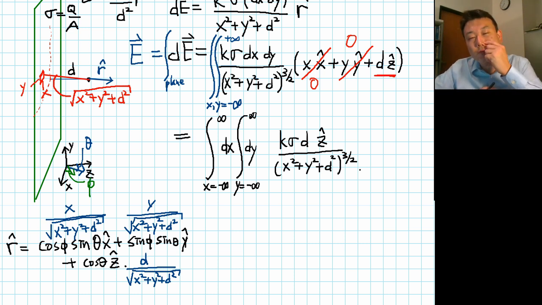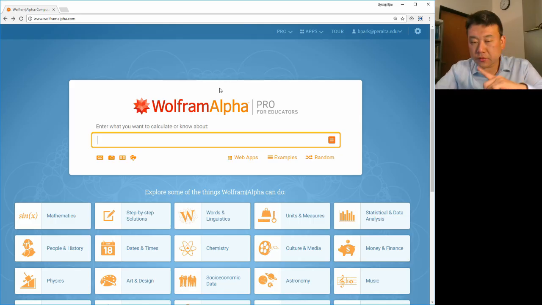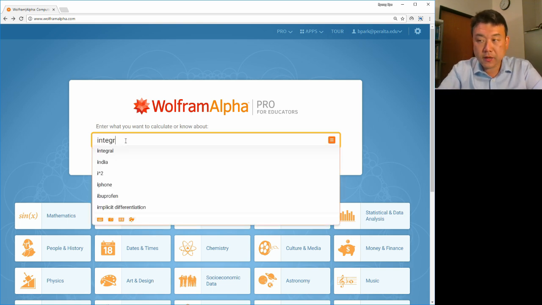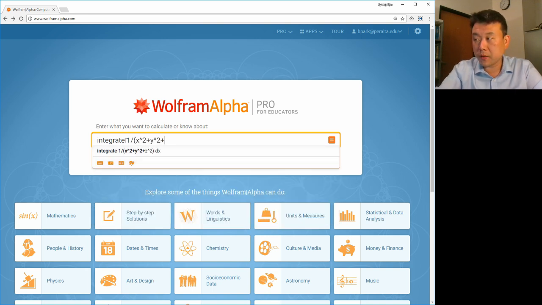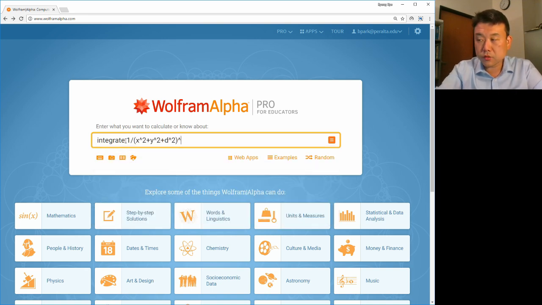Let's see if Wolfram Alpha will do a double integral. So I don't need to enter k, sigma, or d because they are constant, or g hat. So I'm going to be integrating 1 over x squared plus y squared plus d squared raised to the power of 3/2. And this time I'm going to do a definite integral.